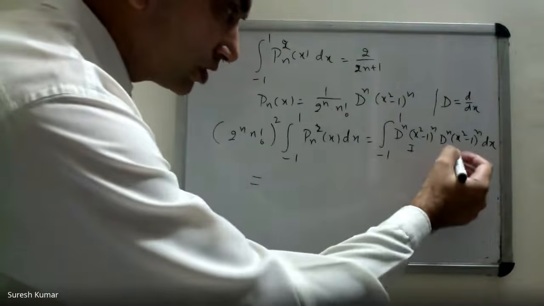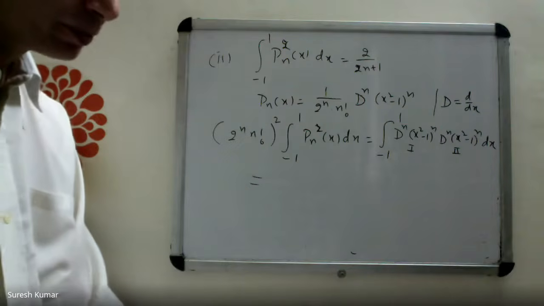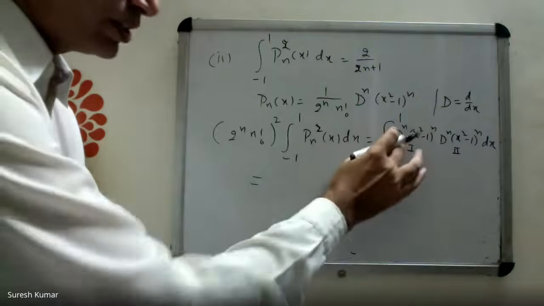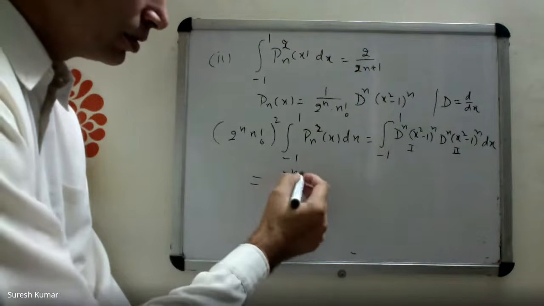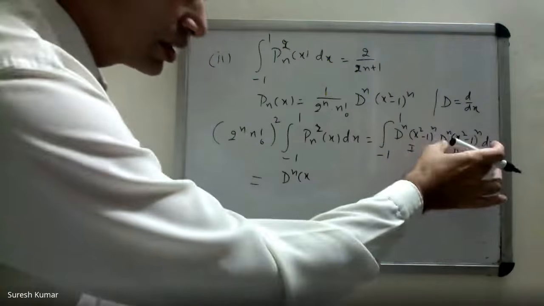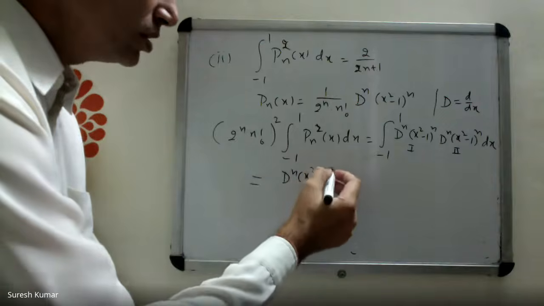If I assume first function and second function, what is the integral? By parts I'm doing. These are two functions, first and second. First as it is, what is the integral of second?